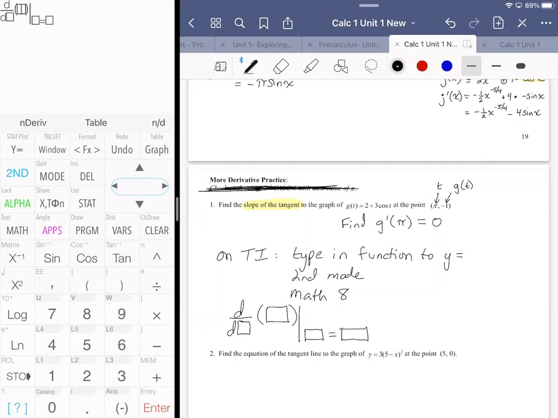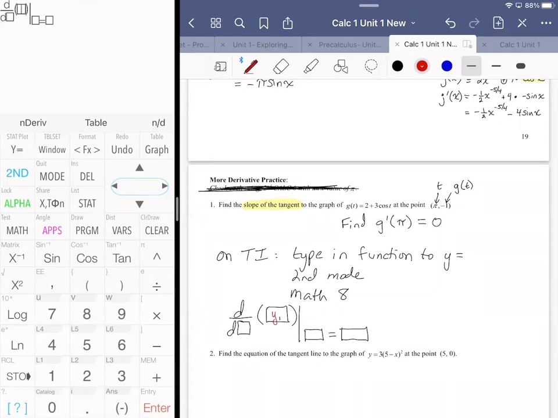And so what we're going to do is put in y1 here. Now you could actually just type in the function there, but most of the time we're going to need to do more with the function than just this one computation. So it would be in your best interest to have the function in y equals and then type in y1 here.